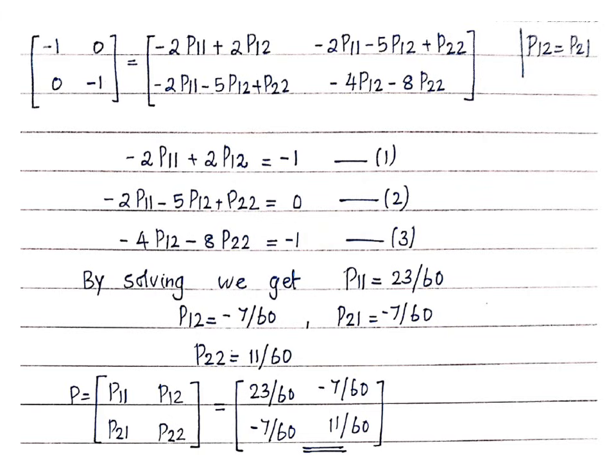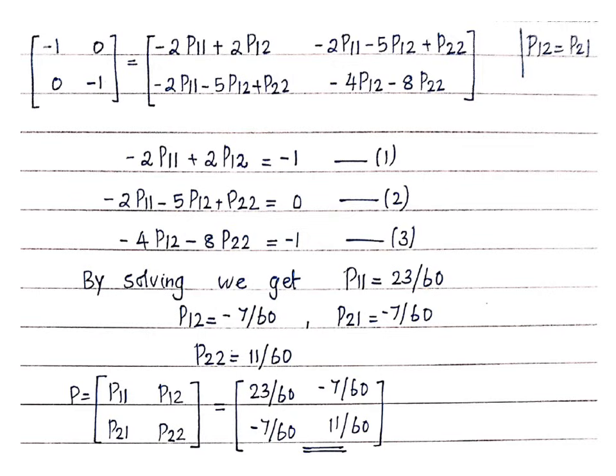We know that P12 is equal to P21. By simplifying, we are getting the first equation, the second equation and the third equation. Then by solving these three equations, we will get P11, P12 and P22, and P21 is equivalent to P12.